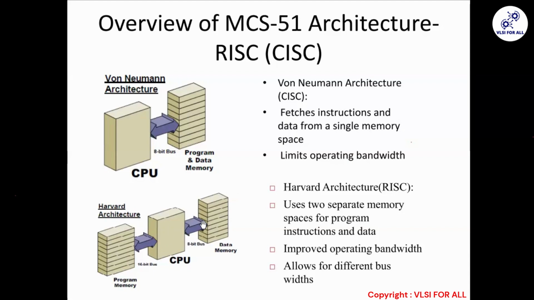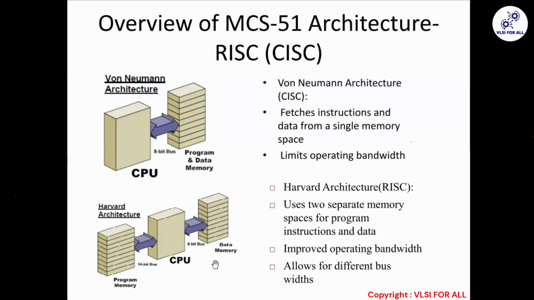And simply try to understand that obviously in the Harvard architecture, operating bandwidth will be more compared to von Neumann. So two things we are keeping in mind. One is limited operating bandwidth in von Neumann architecture, whereas improved operating bandwidth in Harvard architecture.